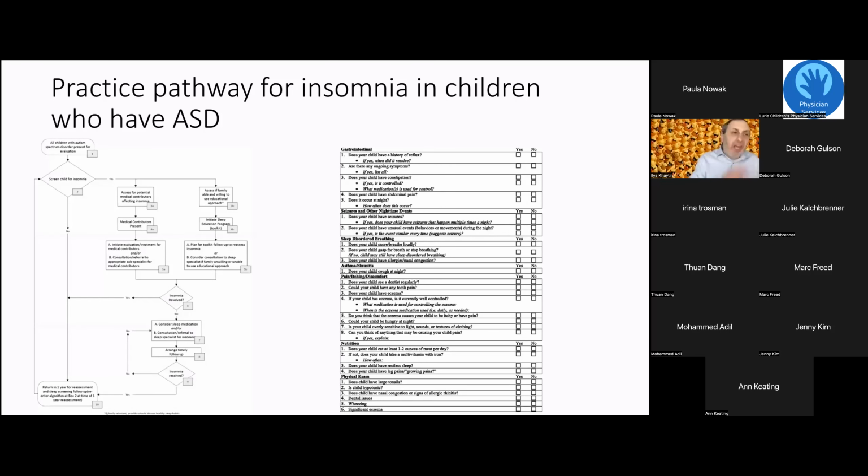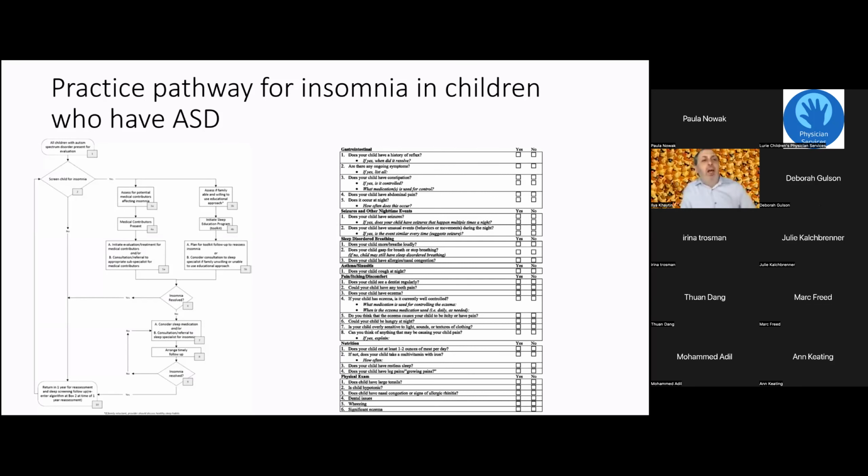So every child with autism, every child with developmental delay needs to be assessed for insomnia. If the child does have insomnia, we need to flesh out medical issues such as gastrointestinal problems, seizures, obstructive sleep apnea, asthma, pain, eczema, nutritional problems, low iron intake, which can cause restless leg syndrome.